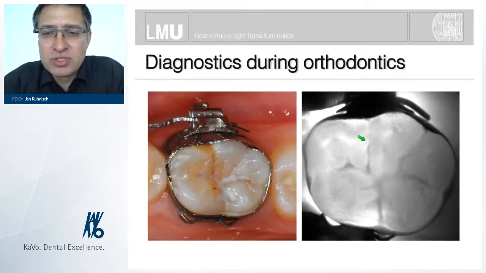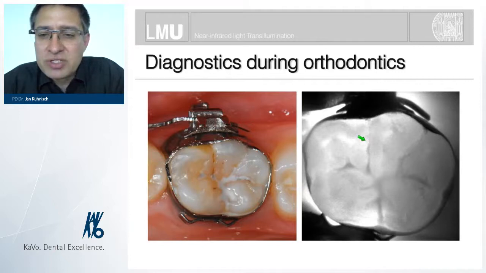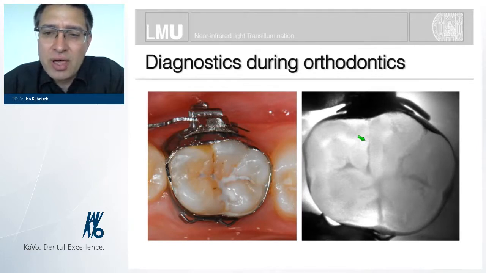It is also possible to illuminate teeth which are treated by an orthodontist. It is possible because, due to the light illumination in the apical region, the light path is different in comparison to the traditional way of usage where the light is coupled in the coronal part of the tooth.